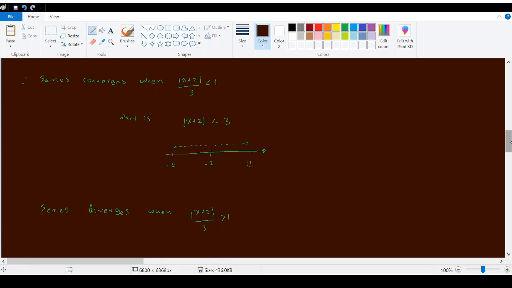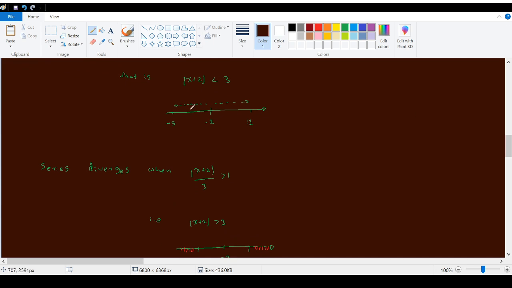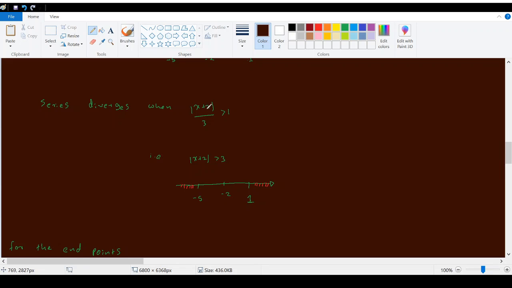Okay, and then from the ratio test you can see that for all the x values inside this region, the series will converge. And then again from the ratio test you can say that if the limit is greater than 1, the series diverges.